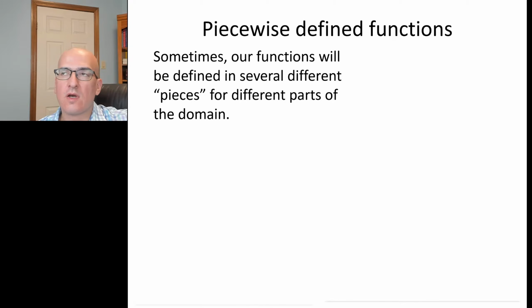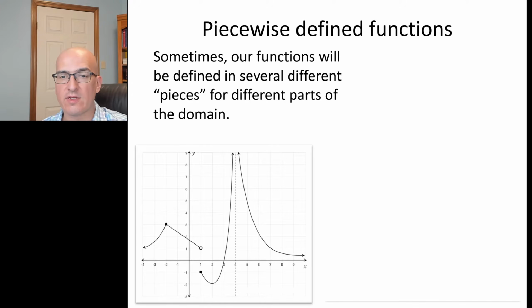Piecewise functions are a type of function that can't be described as just a single f of x equals something. I'll show you some pictures of piecewise functions before looking at them defined algebraically. They're generally ugly like this.